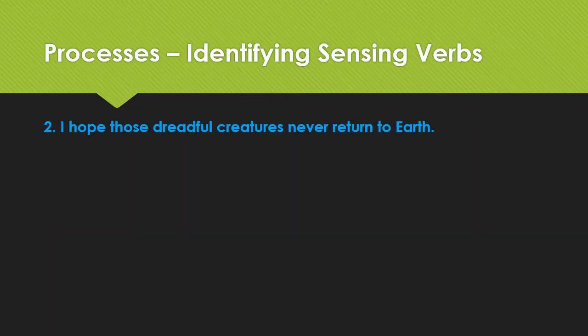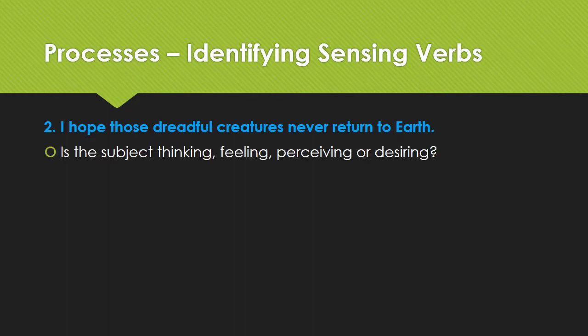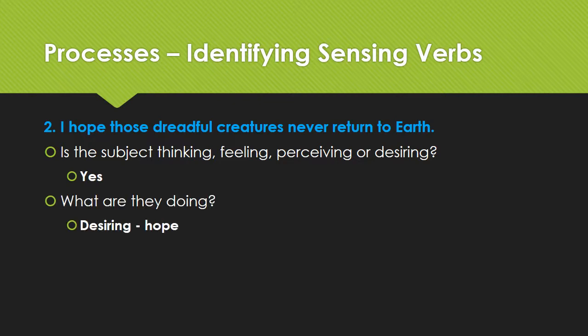Number 2. I hope those dreadful creatures never return to Earth. Is the subject thinking, feeling, perceiving, or desiring? Yes, they are desiring, and one of their desires is hope. Okay, so the sensing verb here is hope.